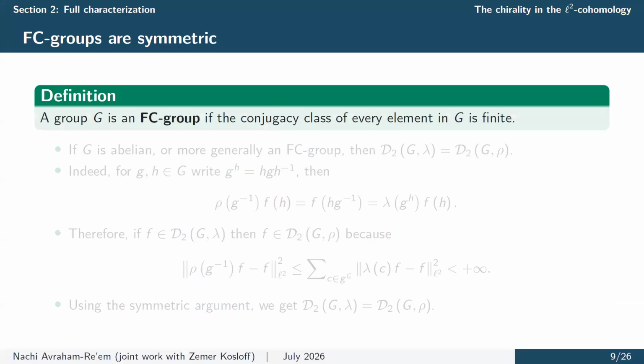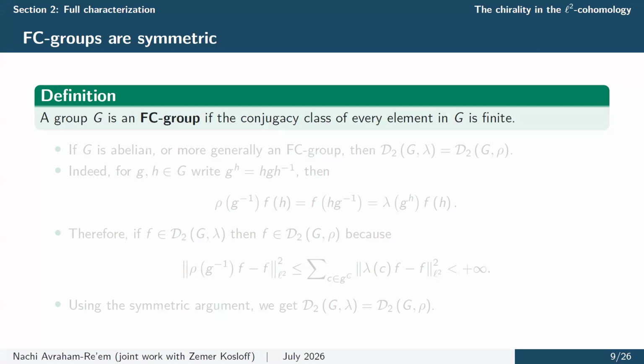So let me start with a basic obstruction to finding an asymmetric cocycle. This is an algebraic property of a group, called FC group, finite conjugacy class. A group G is said to be an FC group if the conjugacy class of every element is finite.